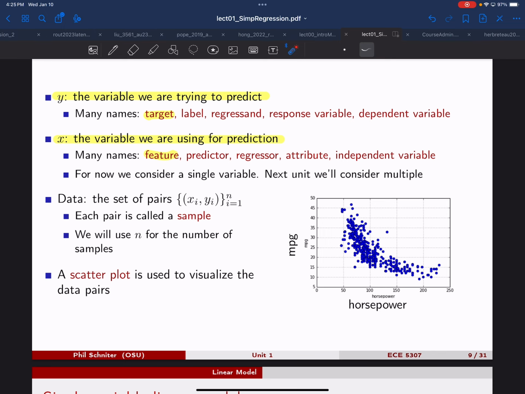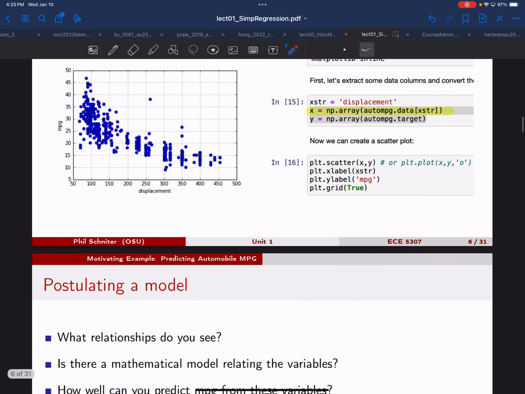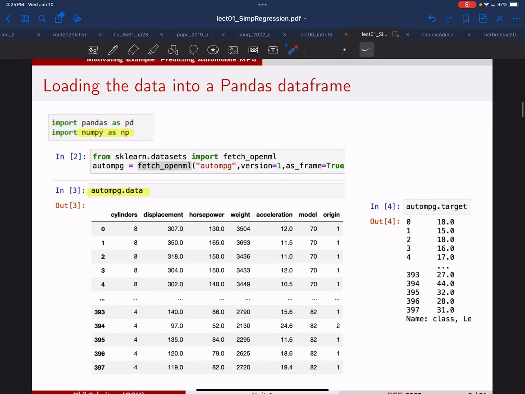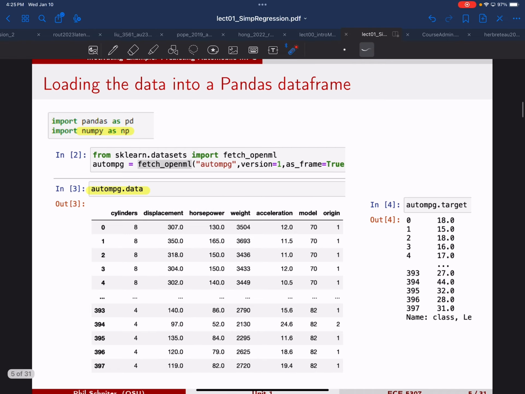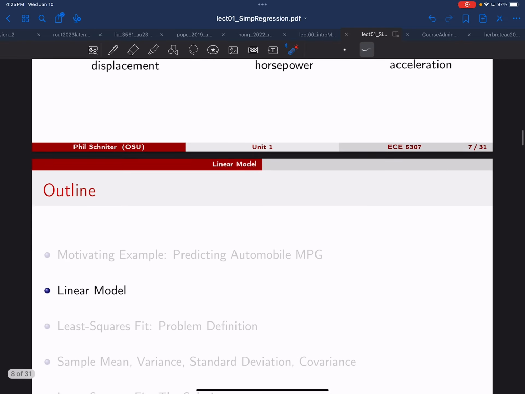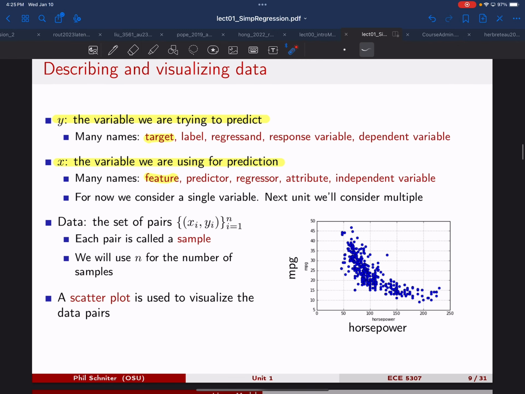In the next unit, we're going to be more complicated and, for example, use all these quantities for predicting this single miles per gallon. But for now, this unit is super simple. I'm going to use one. I might use horsepower, I might use displacement, but just one at a time. So for now, y is a scalar and x is a scalar.